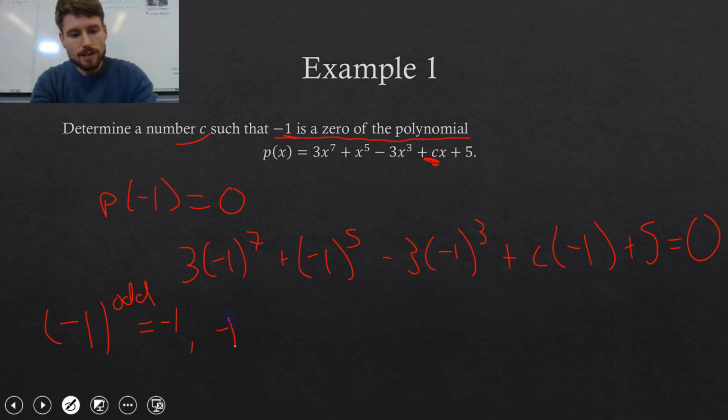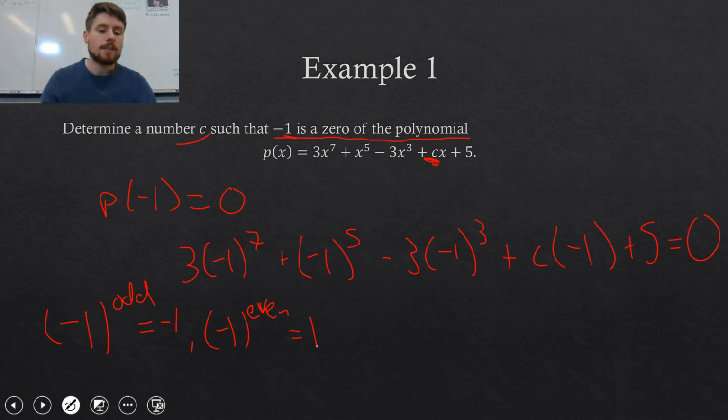And -1 to any even power is going to equal +1. The reason for that is that every pair of negatives cancels out, because negative times a negative is a positive. So -1 to the 2nd power is going to get you 1. -1 to the 4th power is going to get you 1 again, and the 6th, the 8th, and so forth. So an odd exponent for -1 gives -1, and an even exponent for -1 gives +1.